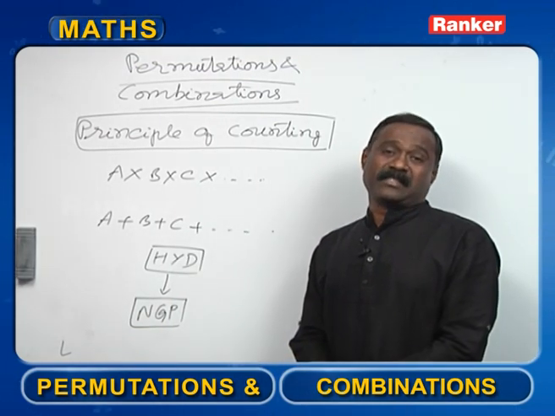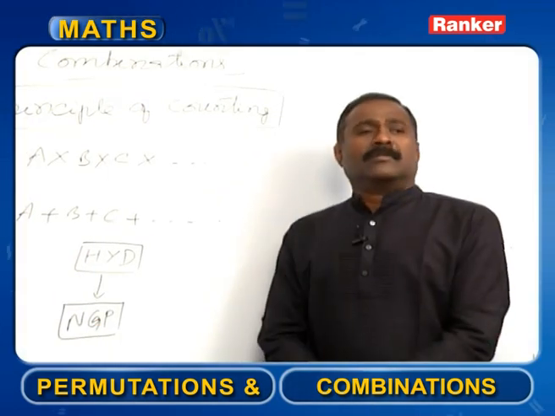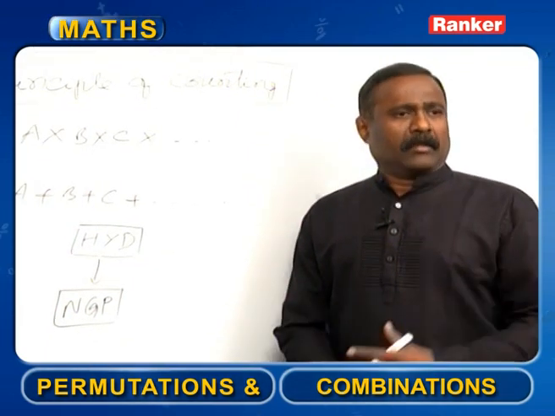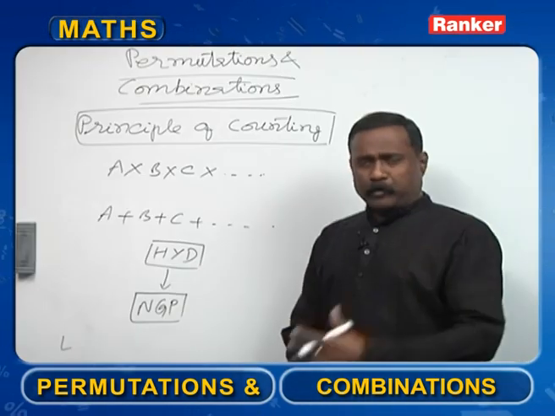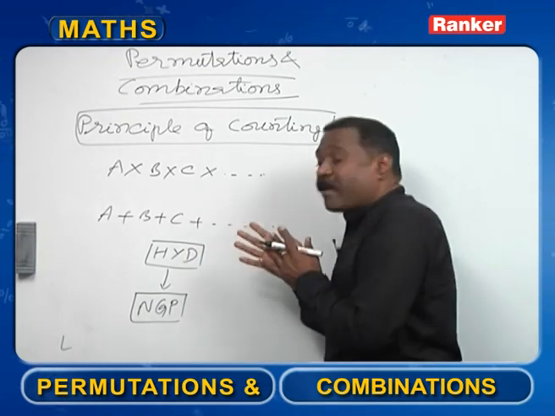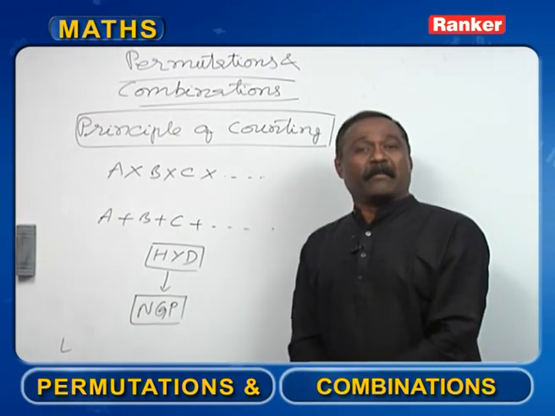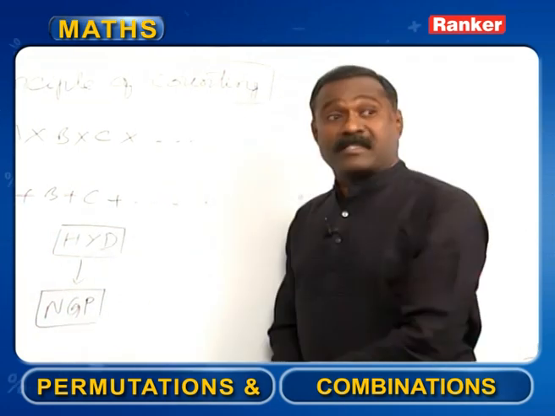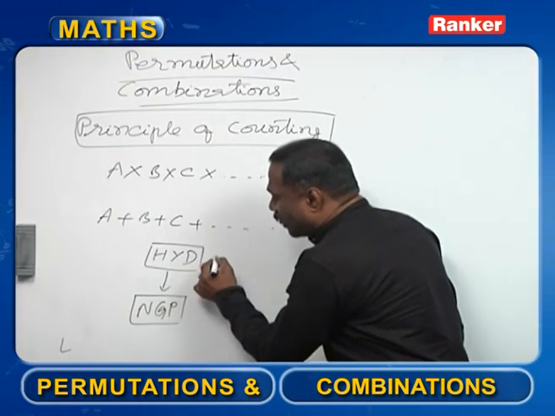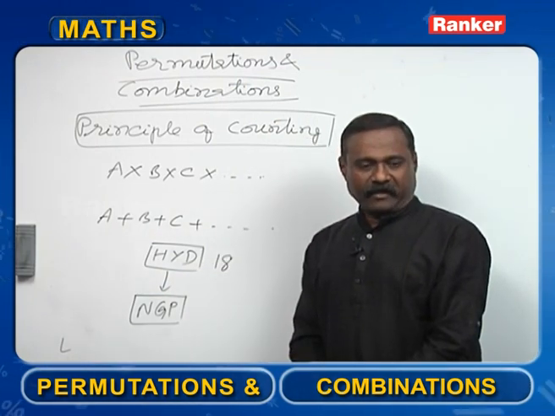For example, from Hyderabad, you will reach some Nagar, or Warangal, then Nagar, then Balarsha, then Nagpur. Like that, all those stations can be printed here. So in how many ways can the first operation of printing the first station be done? It can be done in 18 different ways. Understand it? 18 different ways.